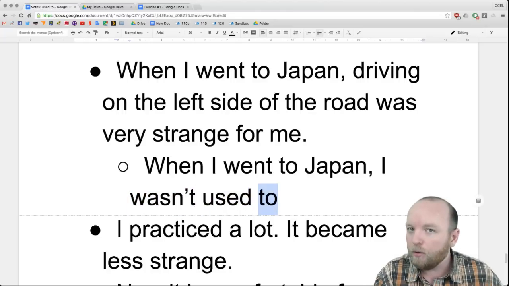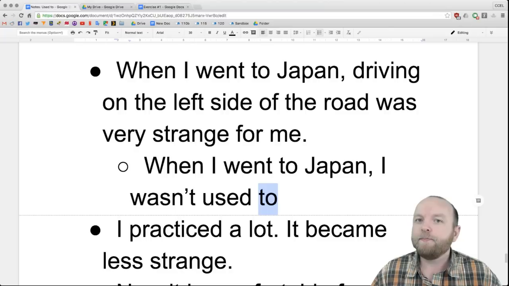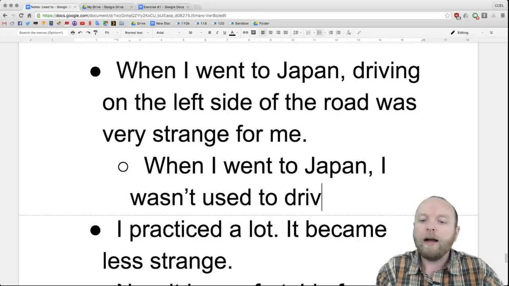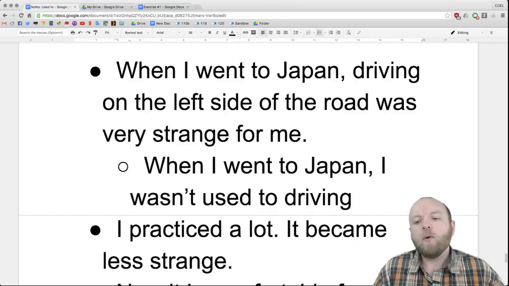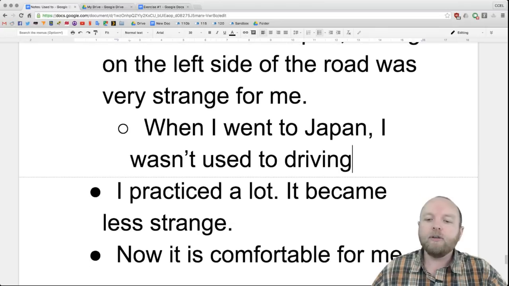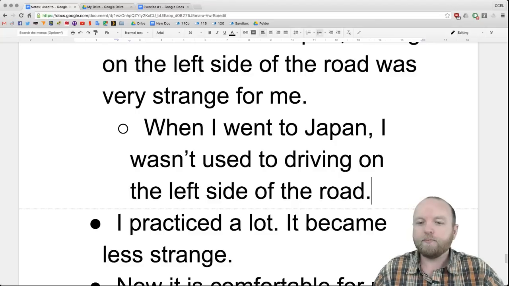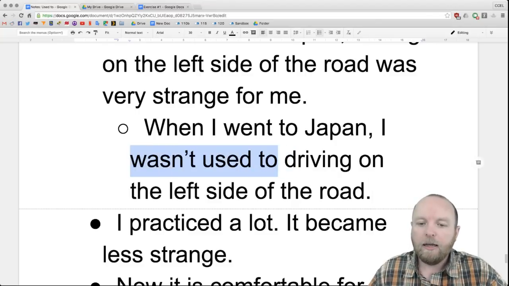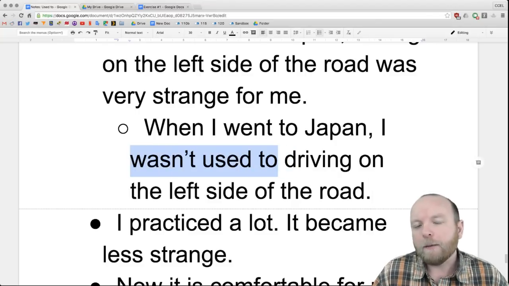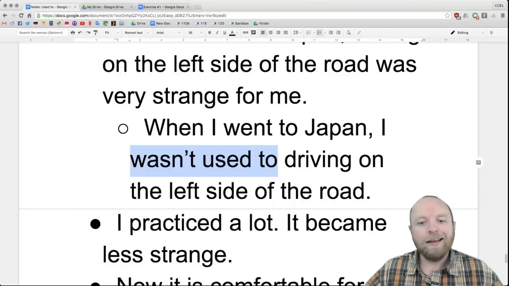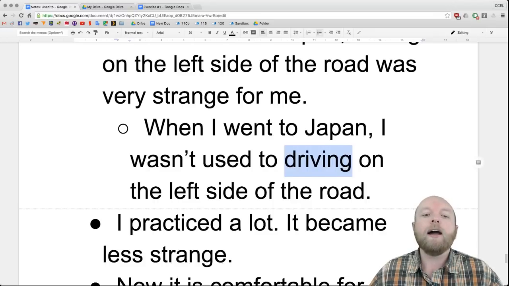Now this to is a preposition, so we need a noun or a gerund. Well, what do I want to say? Drive. But this is a preposition, so I need to change it to a gerund. When I went to Japan, I wasn't used to driving on the left side of the road. It wasn't comfortable for me. It was strange for me. It was difficult for me. I wasn't used to driving.